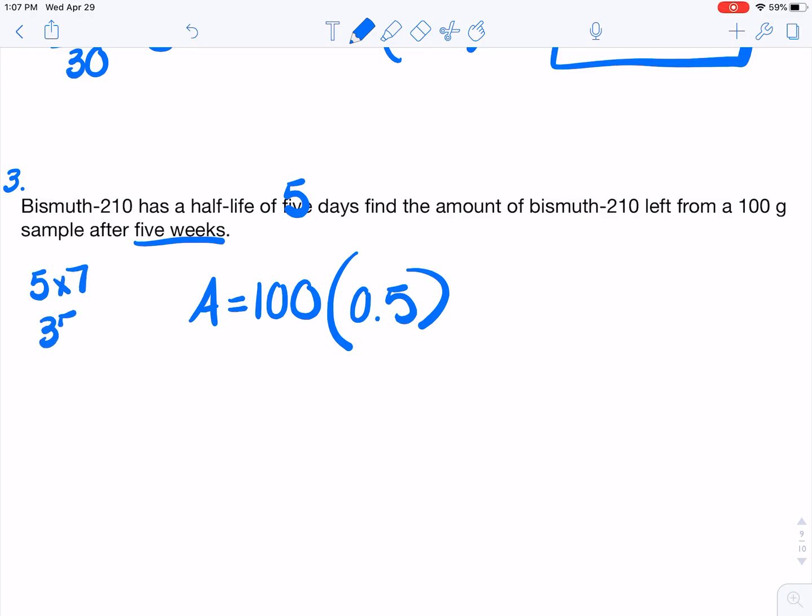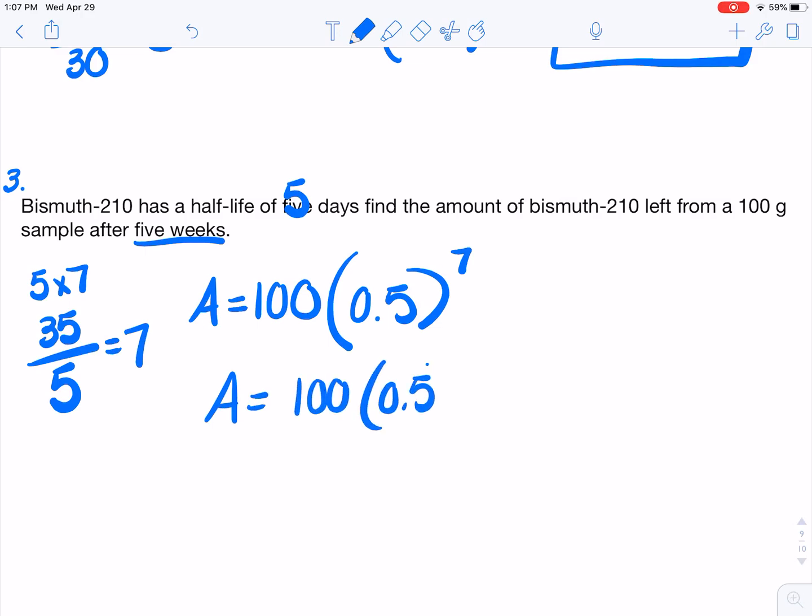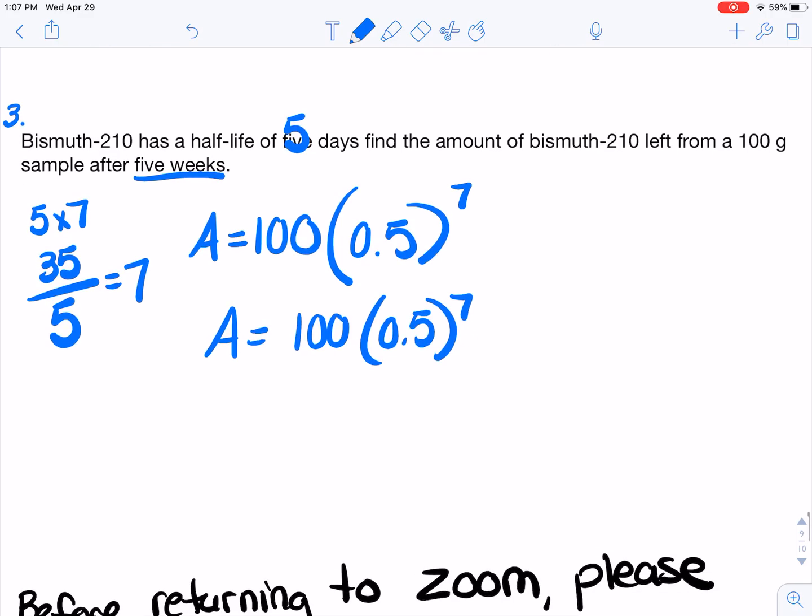That's 35 days. Out of 35 days, every 5 days is a half-life. So that's going to give me 7 times that this is going to roll over and get cut in half. So I'm going to type this into my calculator, 100 times parentheses 0.5 raised to a power of 7. And this one we get 0.78125.